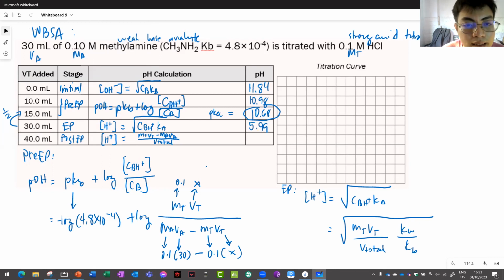So ano sabi ko kanina? The endpoint for the weak-base strong acid titration is less than 7. Why? Because of the influence of your conjugate acid. So siya kasi nag-i-influence sa pH ng solution. Kasi siya lang yung species na active at that point.